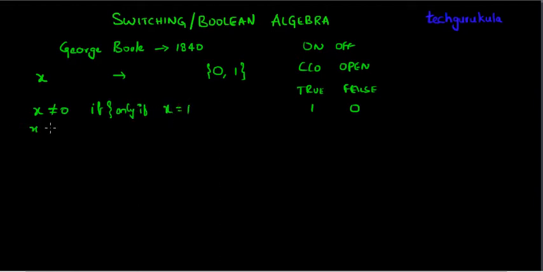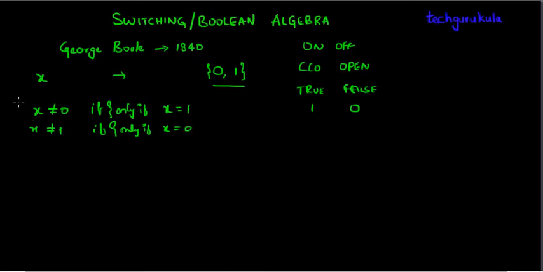And the other way, x is not 1 if and only if x equals 0. This is what the previous statement means. These values are often referred to as the truth values of x. Boolean algebra is an algebraic system consisting of the set 0 and 1, which is built upon this.